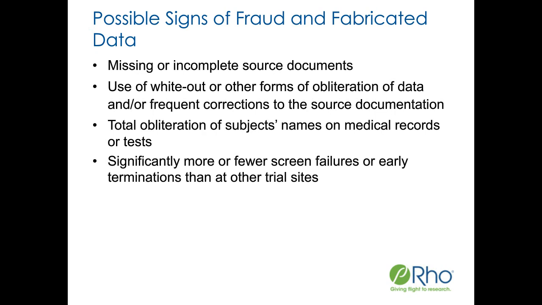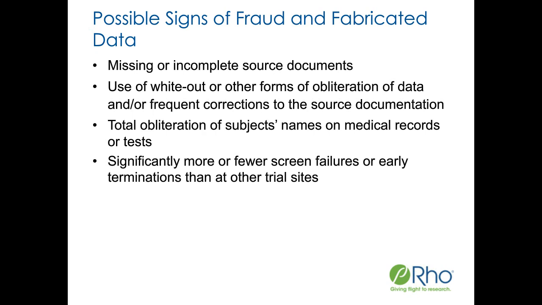Also, use of whiteout on a paper system or any other forms of obliteration of data, or frequent corrections to the source documentation. If you're at a site one visit and information is there that you monitor, and you go back the next time and some of that information is unavailable, you'll want to question what their processes are and how information can be removed without an audit trail of where the information went.